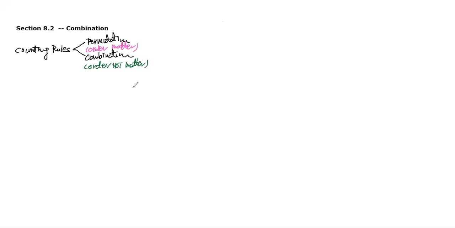For example, if out of the 8 people I want to pick 3 people to be the committee, and I don't care, they just serve as committee members. Who is taken out first, second, or third does not matter, right? So this is what we call the combination.